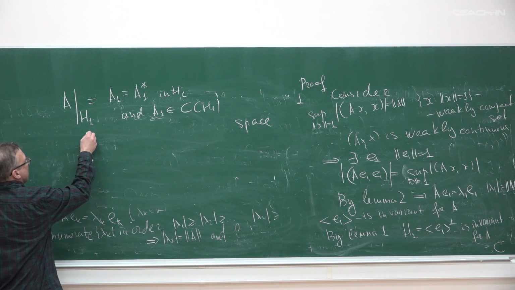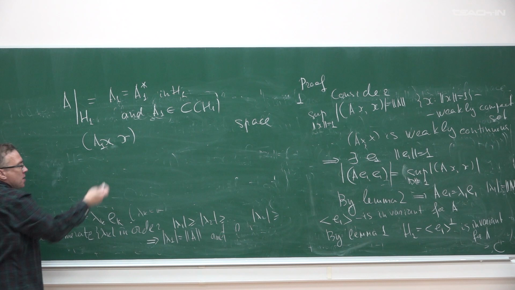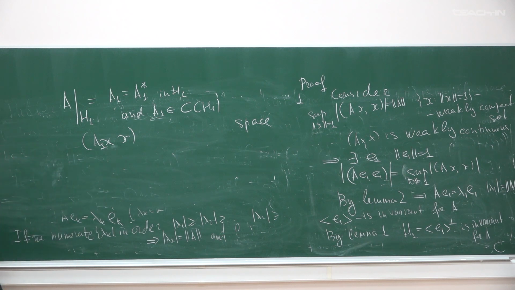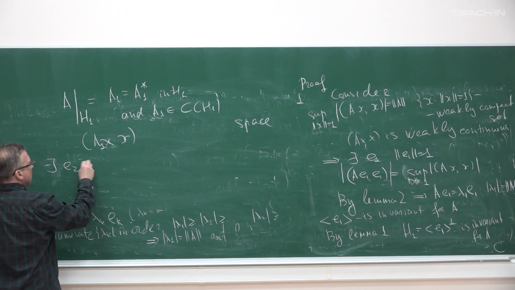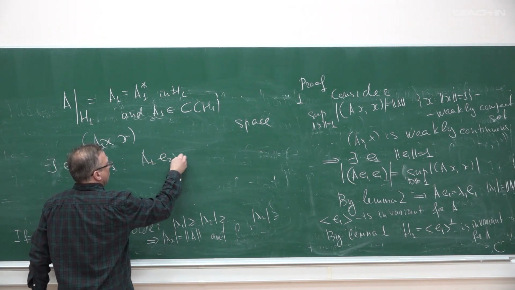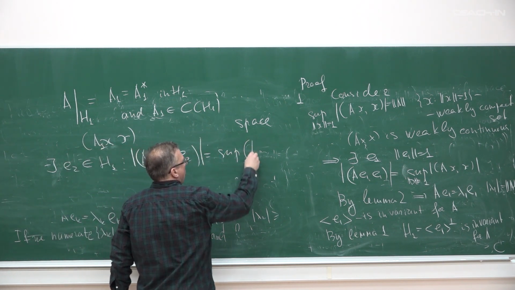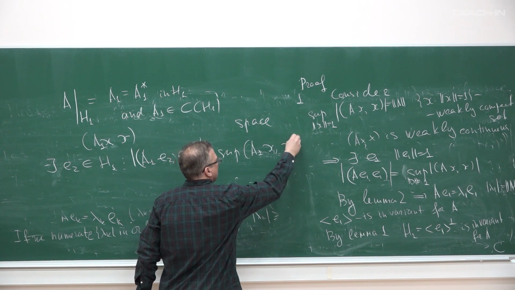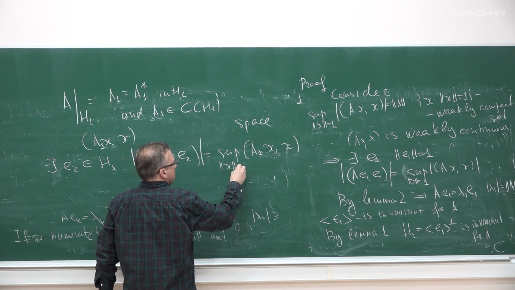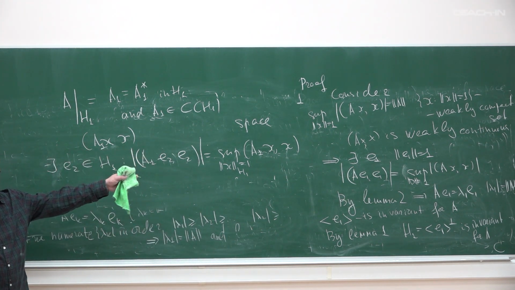You can consider its quadratic form. What can you say? It is weakly continuous, the unit sphere is weakly compact. So there exists a vector E2 in H1 such that (A1 E2, E2) gives the supremum of the quadratic form of A1 over all x in H1 with unit norm. Yes? The same.